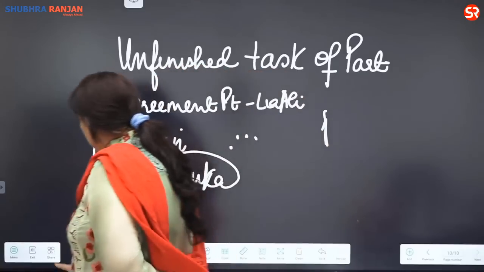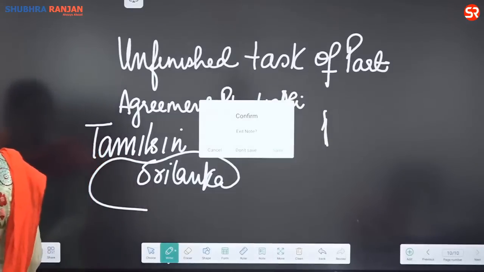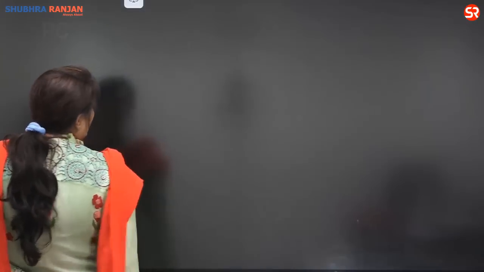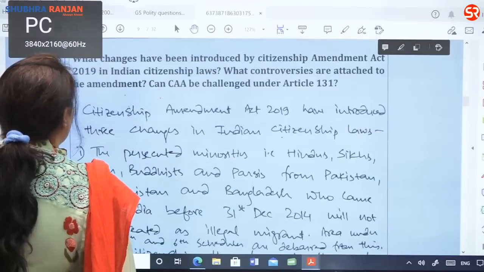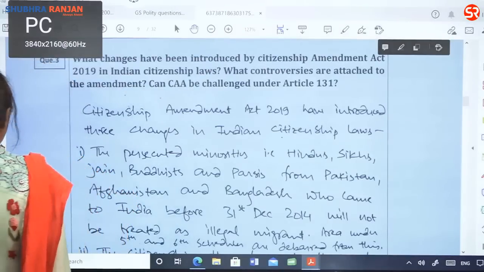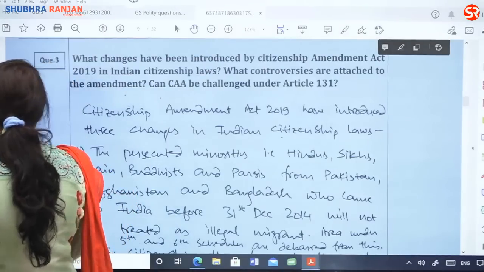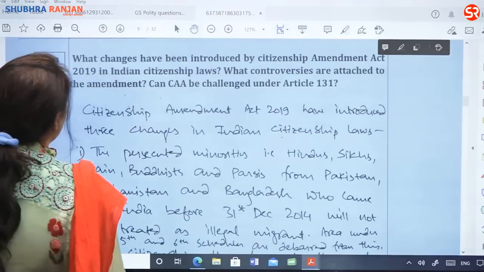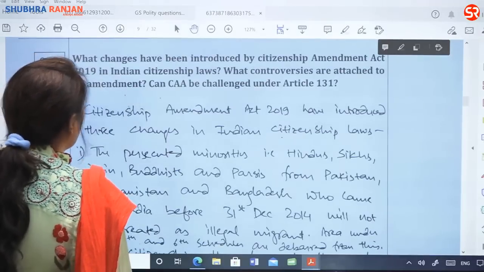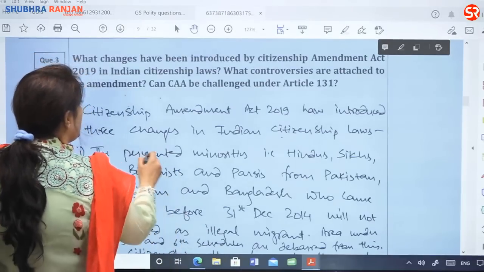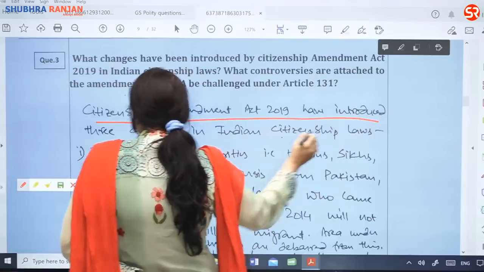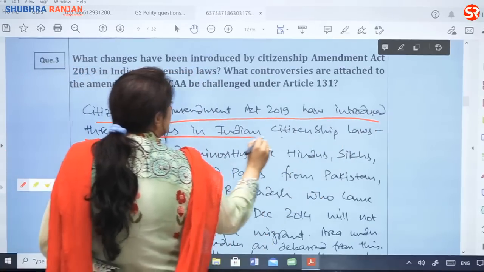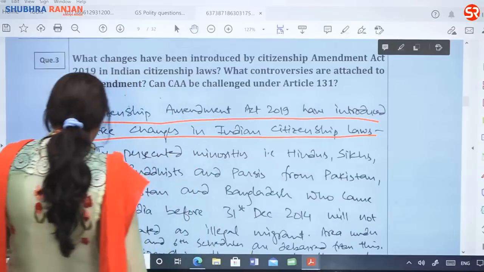So now let us see how the student has dealt with what changes have been introduced in the Citizenship Amendment Act, and what controversies are attached to it. So the Citizenship Amendment Act has introduced 3 changes in Indian citizenship laws.